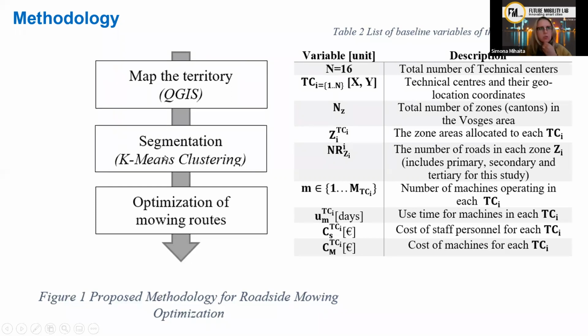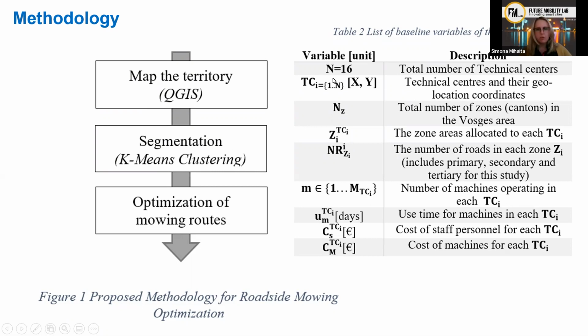This uses a k-means algorithm to identify the best roads to be mowed at the same time by a machine that is currently in use. And then finally, once we know which roads are clustered to which areas, we formulated the optimization problem.